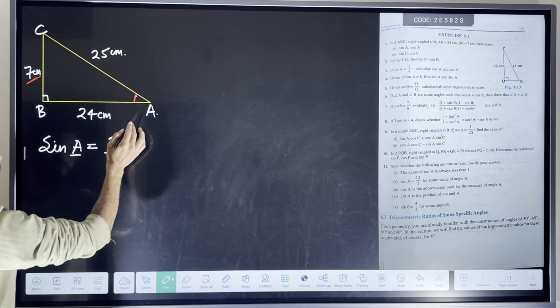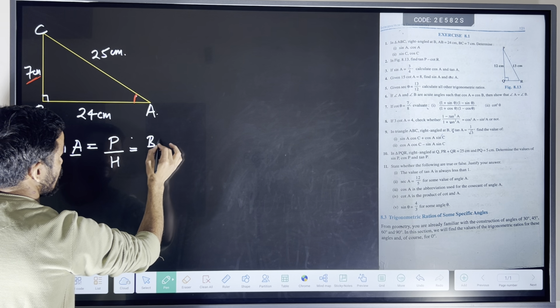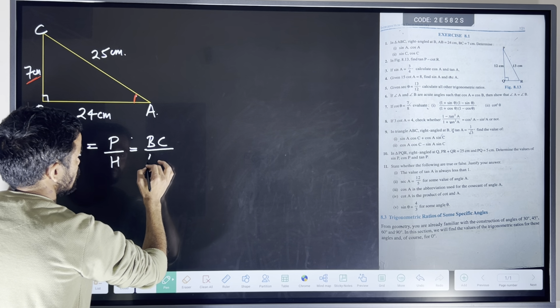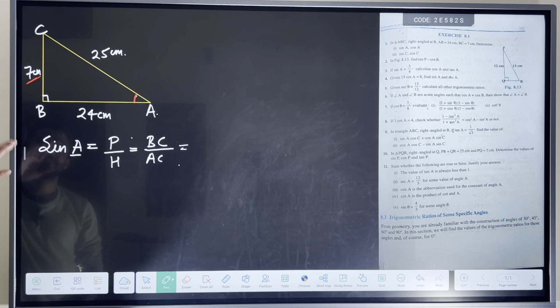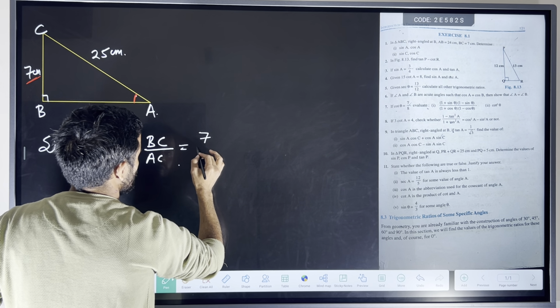For that angle, perpendicular is BC and hypotenuse is AC. What is the value of BC? BC is 7 and AC is 25.